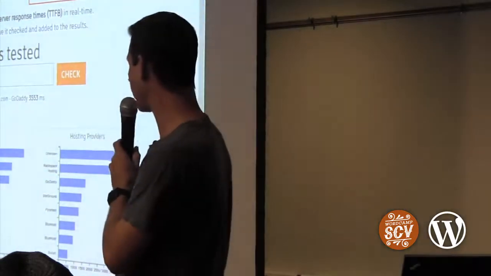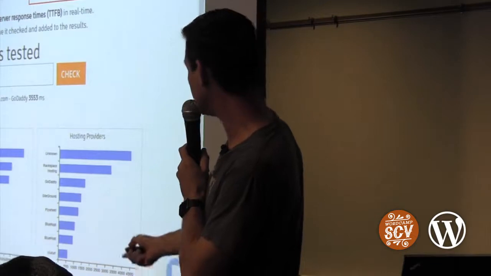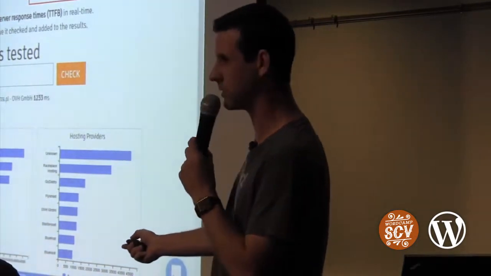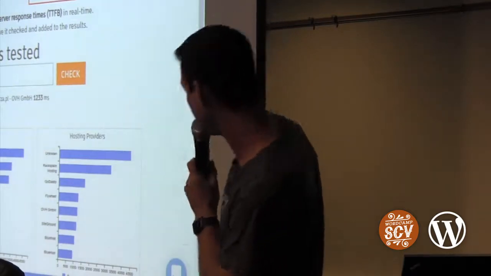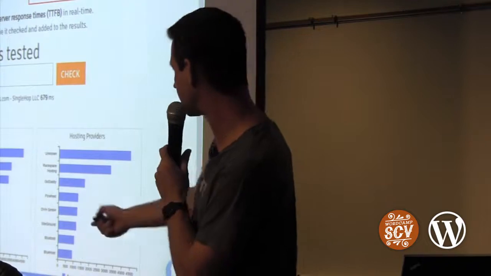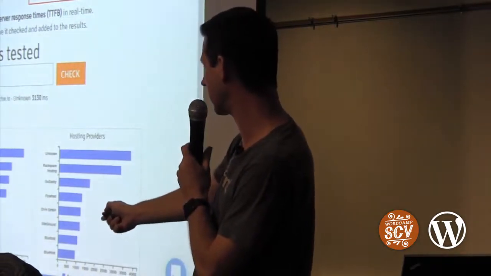All right, so what are we seeing here? Well, one thing that's interesting is this is a histogram, so it's showing the distribution of the server response times. And remember that I said our goal is 500 milliseconds or less. That is right here. Most sites are over here.